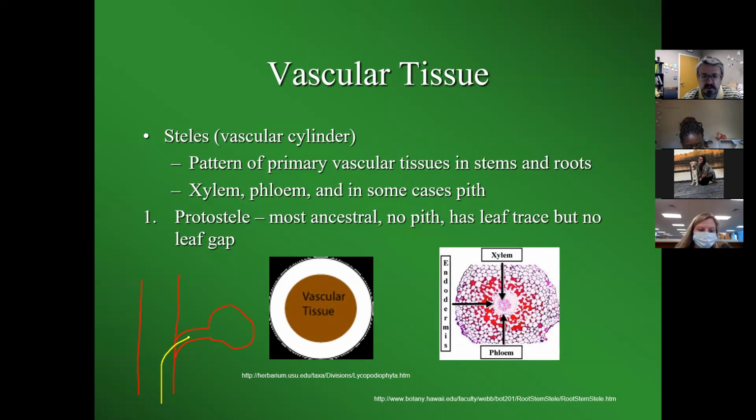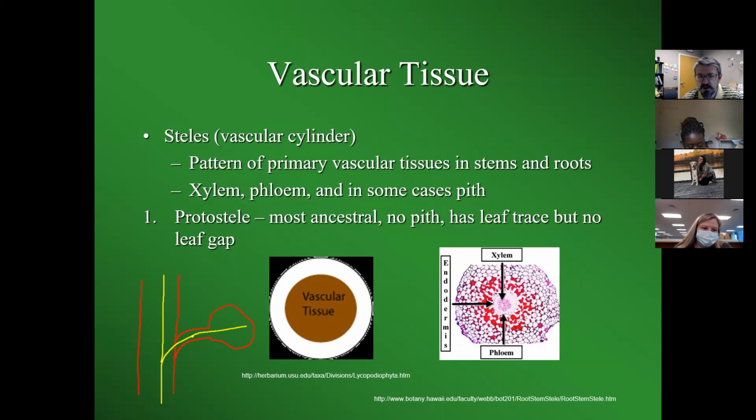When it branches over into the leaf, maybe down the midrib, this is a leaf trace. So that vascular tissue is kind of like this. It's connected. There's no gap in this formation of the vascular tissue.